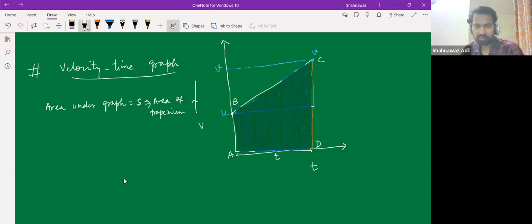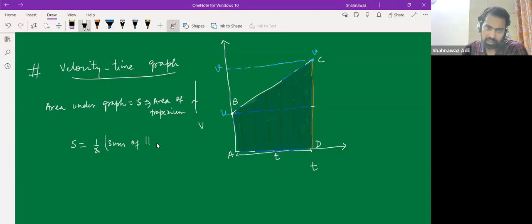So we have different kinds of parallel sides. So this is half the sum of parallel sides, and then this is what? Height or altitude. Okay.